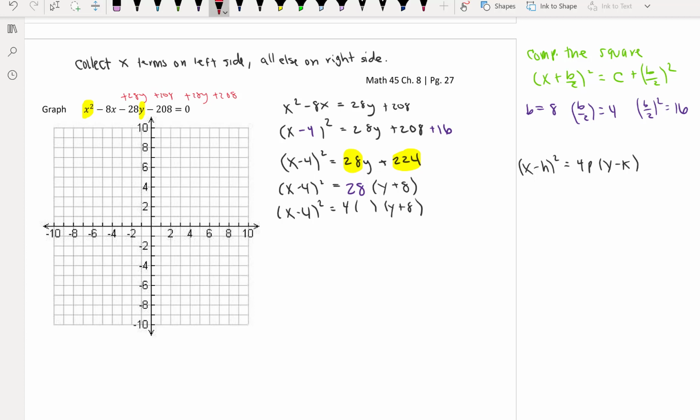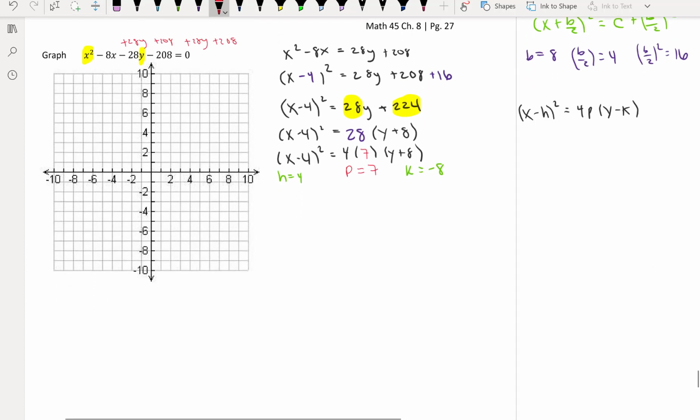So that p value, 28 divided by 4, gives me 7. So now I know that I have my h value as 4, my k value as negative 8, and I also have my p value as a positive 7. So that gives me a lot of information to work with.